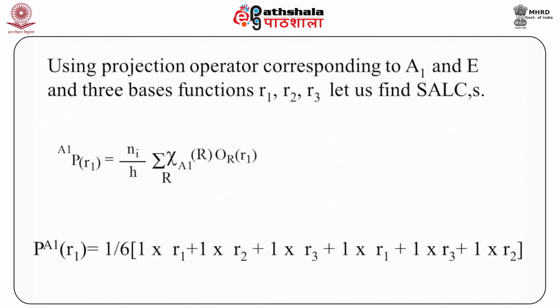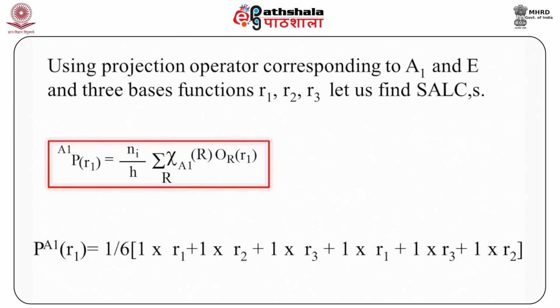Using projection operator corresponding to A1 and E only, we can generate SALC from the three base functions R1, R2 and R3. Now let us try to make use of projection operator corresponding to A1 operating on function R1, that is given by P^A1 R1 equals h by summation over R of chi^A1(R) times R operating on R1.